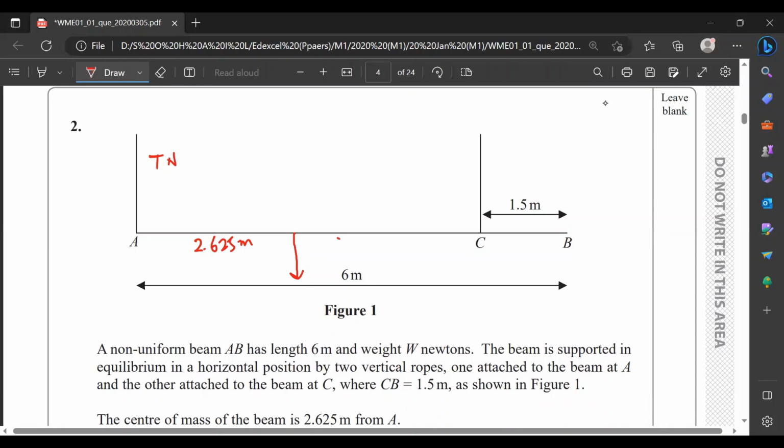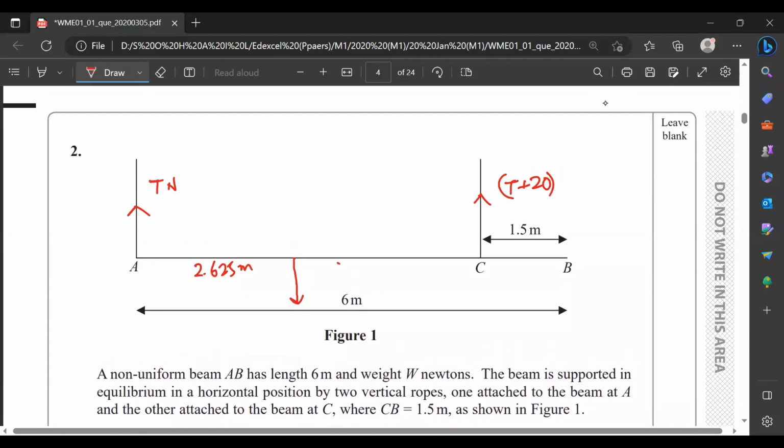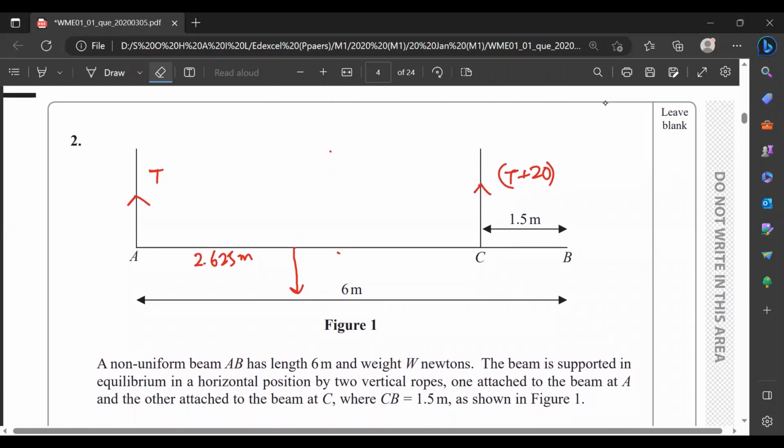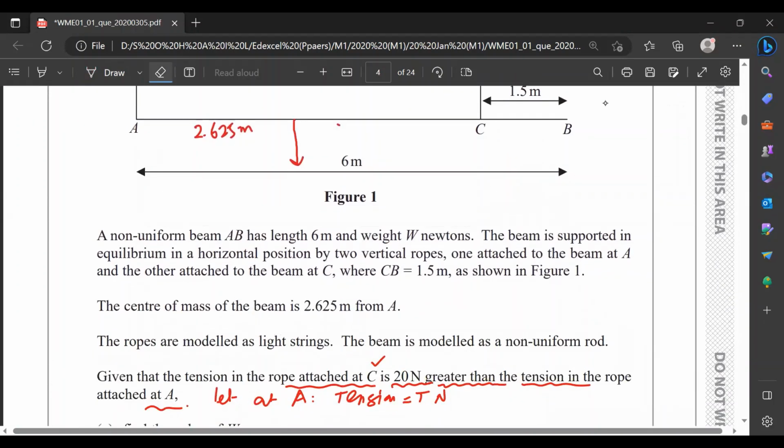Then at C it is 20 newtons greater, so write T plus 20. I have marked the tension following the condition.